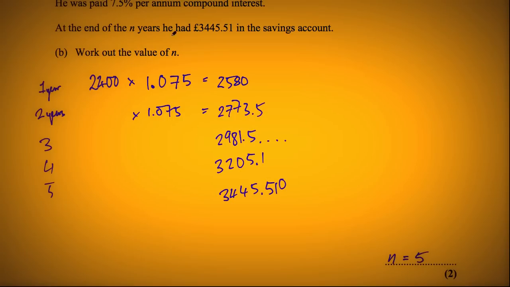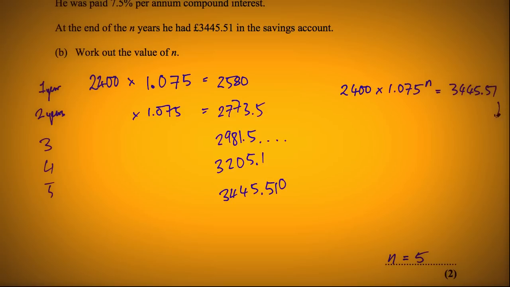I could also have looked at that whole situation with setting up an equation, which might not be the first thing that people want to do with this, but if I have 2,400 times by 1.075 to the power of n, because it's happening for n years, that would be £3,445.51.